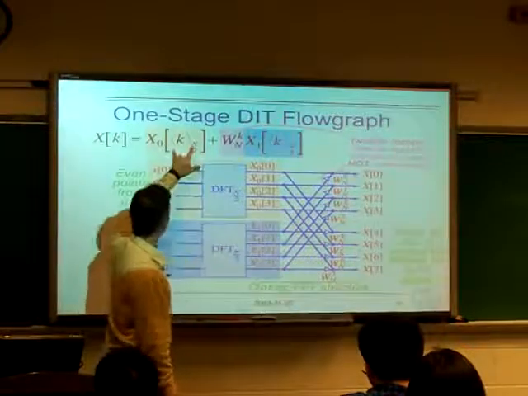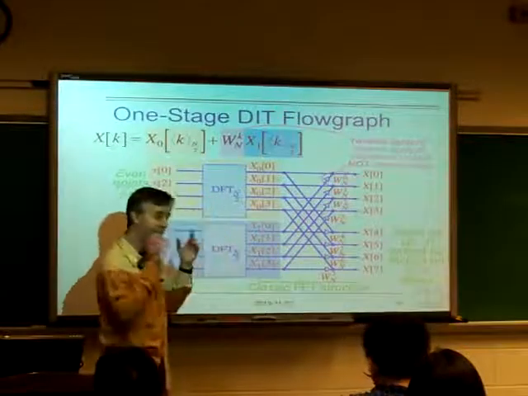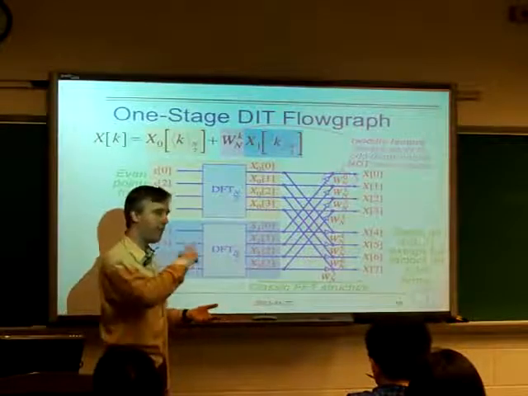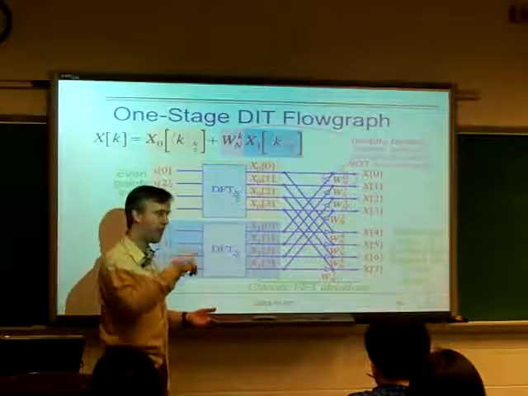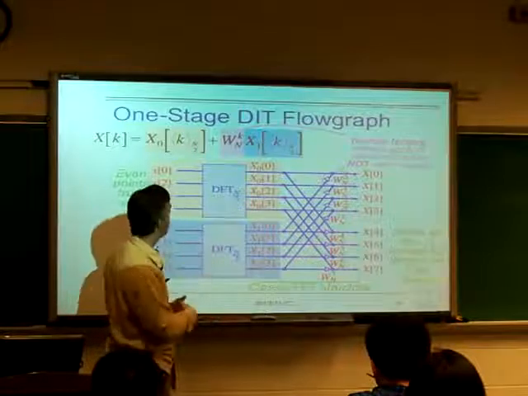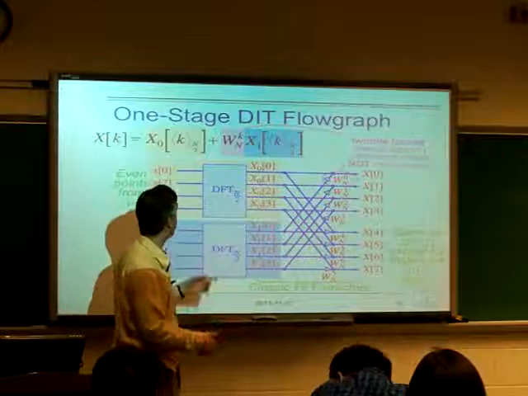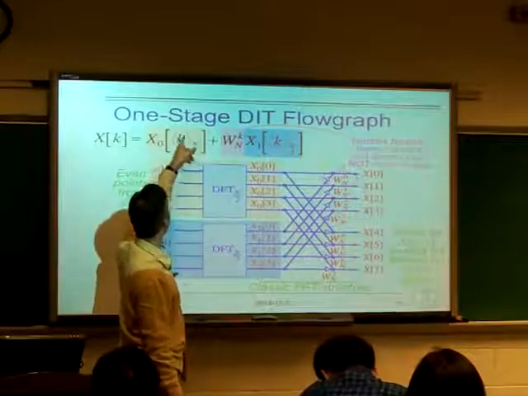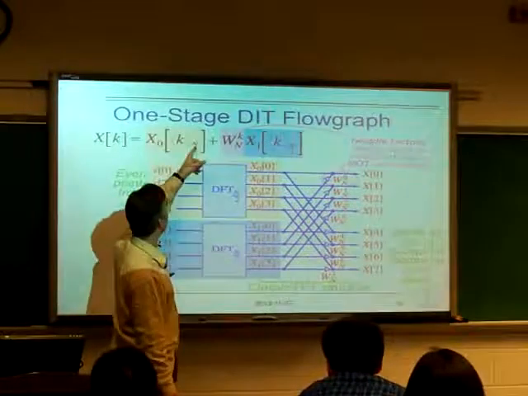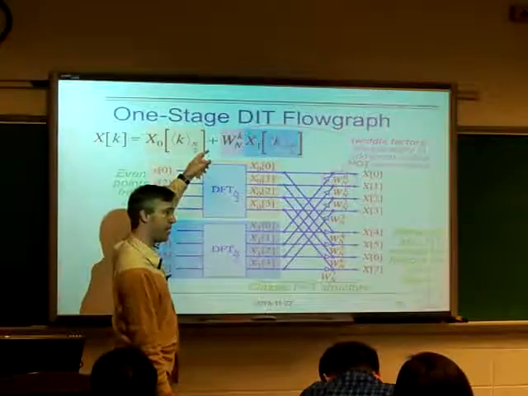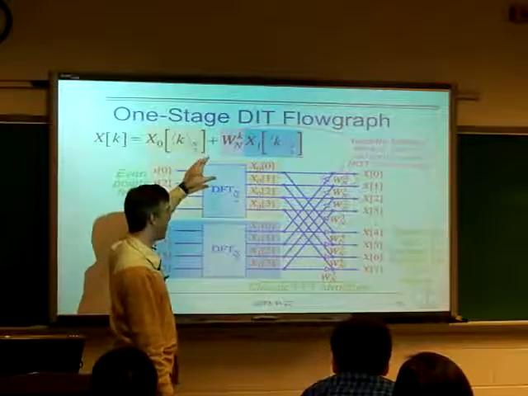But what happens if you actually take the equation and plug in k equals 4? Well, W sub 4 to the 4 is just W sub 4 to the 0, so it turns out to be the same as doing it for 0. And so here I've specified that I'm going to use modulo indexing. Basically, once I get above n/2, I just start back at 0, and that gives me the right result.